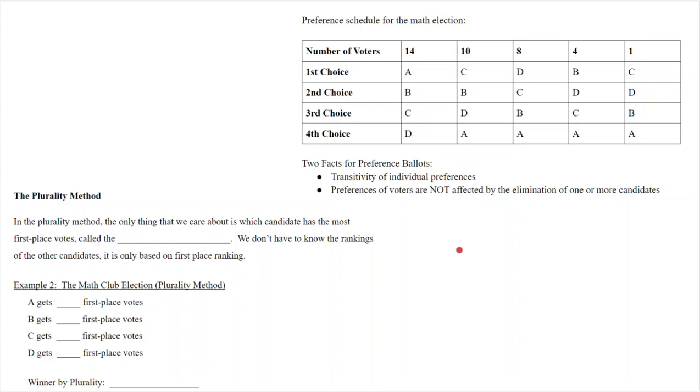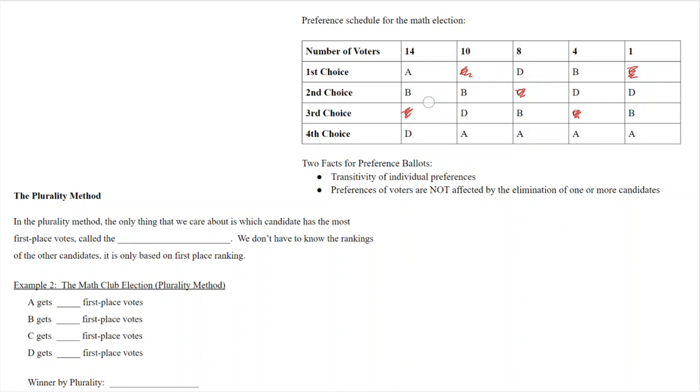And the other thing is, preferences of voters are not affected by the elimination of one or more candidates. So let's say that candidate C decides to drop out of the race. All you do is scribble out all the C's, and the rest of the orders stay exactly the same.